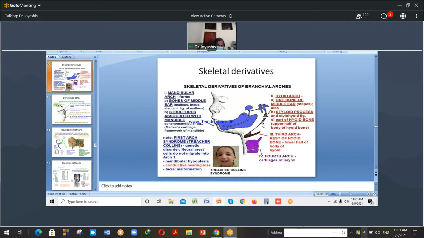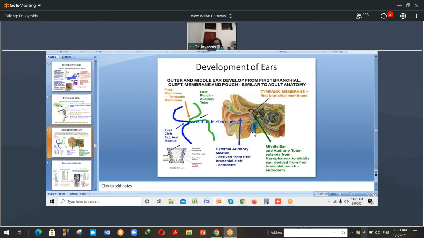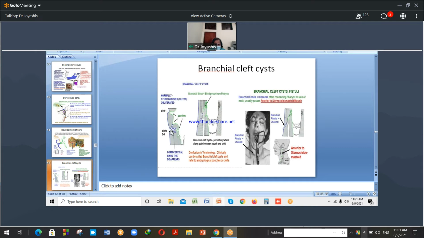During the 6th and 7th week of fetal development, the 2nd to 4th pharyngeal clefts and the cervical sinus are obliterated. The cervical sinus disappears. The 2nd to 4th pharyngeal clefts and cervical sinus disappear.